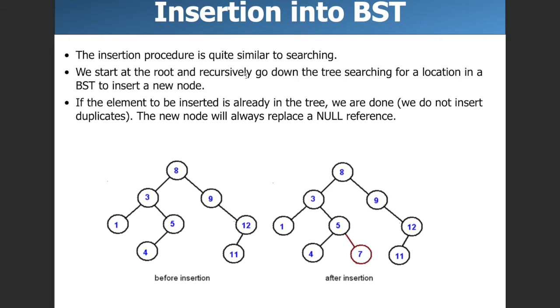We start at the root and recursively go down the tree, searching for a location in a binary search tree to insert a new node. If the element to be inserted is already in the tree, we are done. We do not insert duplicates. The new node will always replace a null reference.